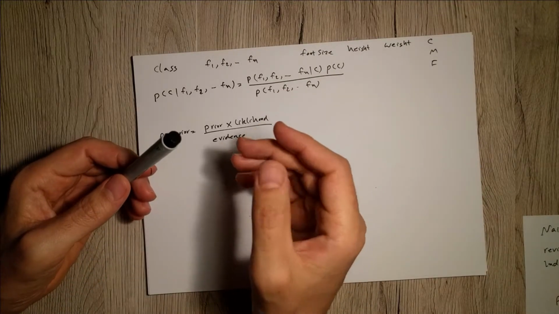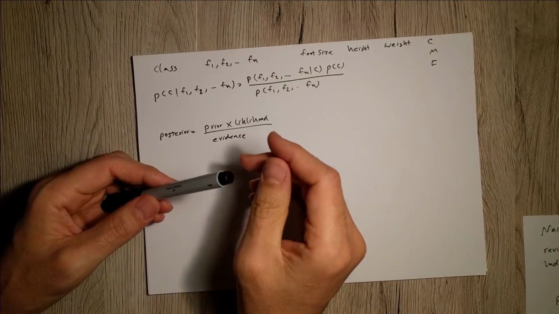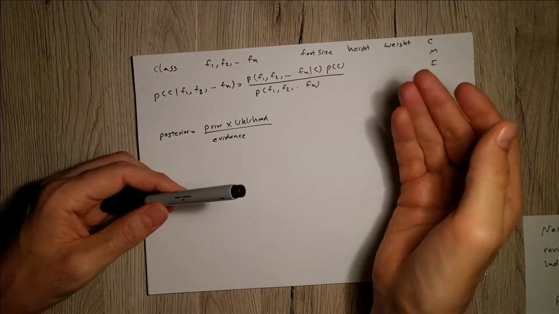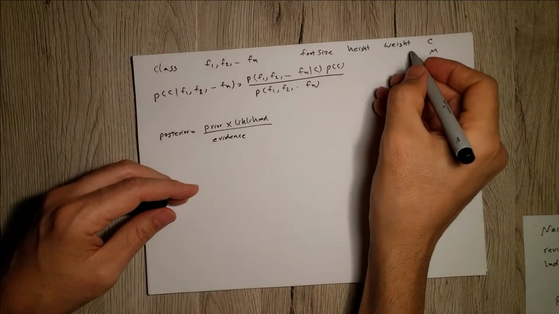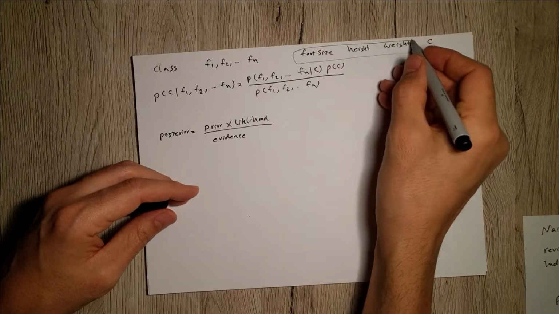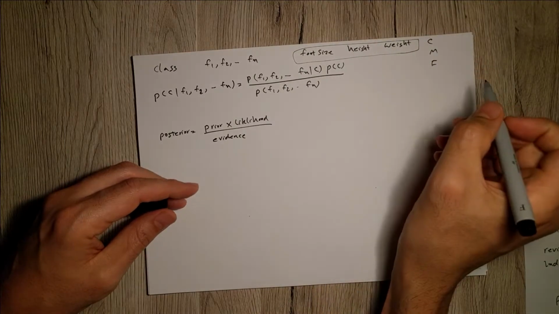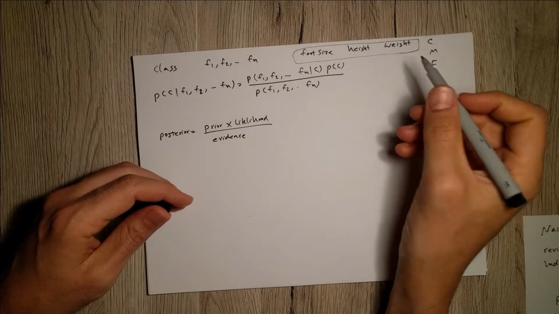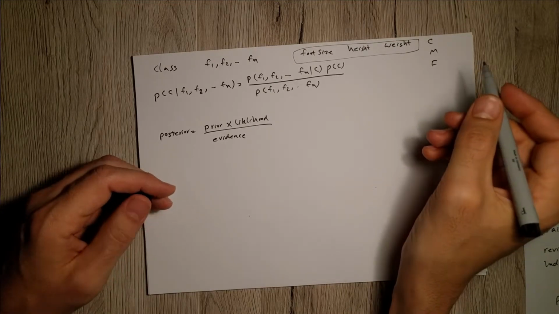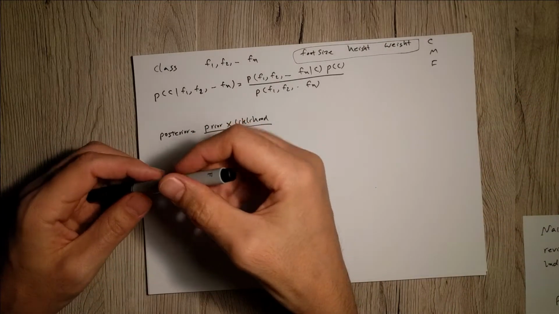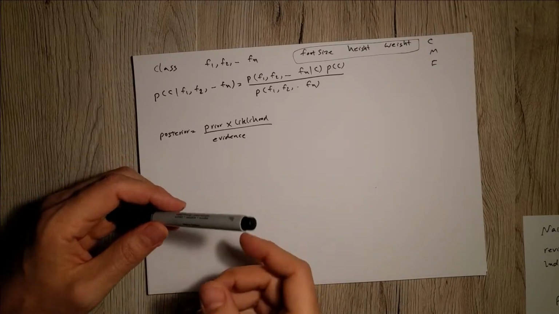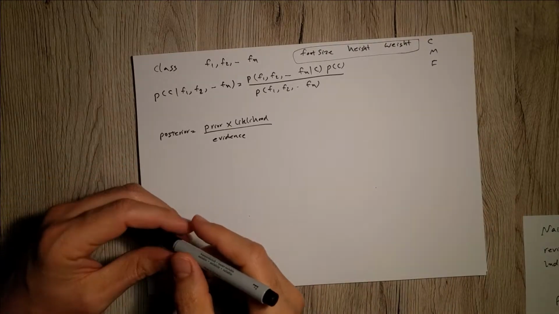And that's why it's called naive Bayes classifier. For instance, in our case, we know that there is some connection between foot size and height, but we model it with this assumption that these are conditionally independent of each other.